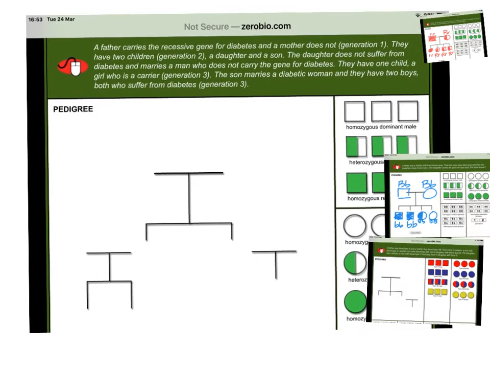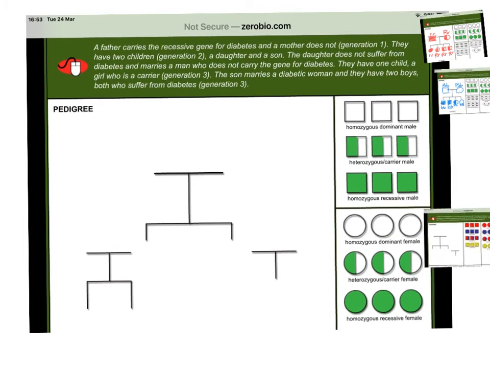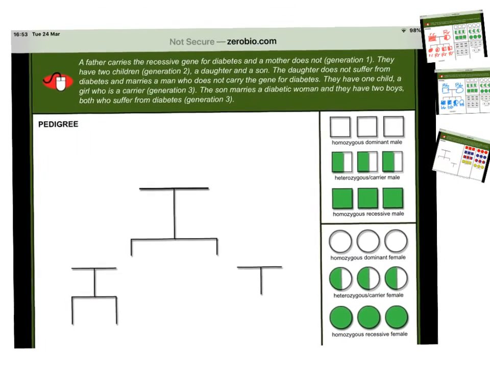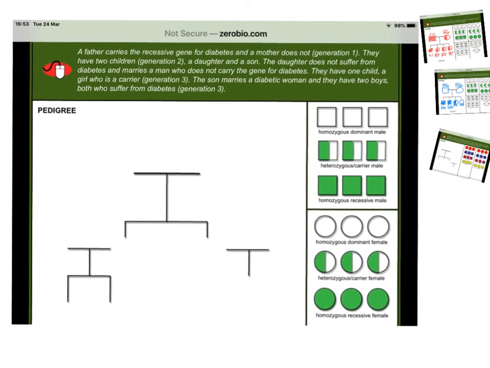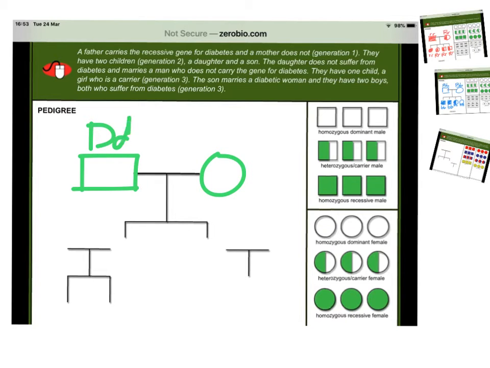If we move on to the pedigree for diabetes, we have a father who carries the recessive gene for diabetes and a mother who does not. So father here, mother. The father carries it, the mother does not. Now we can assume here, based on the problem, that if she doesn't carry it, then she probably doesn't have it either.